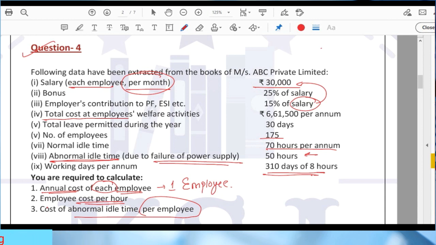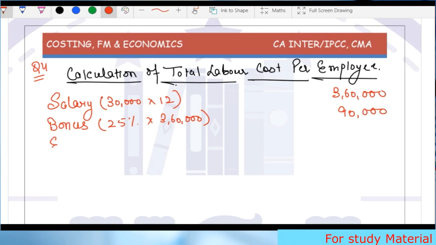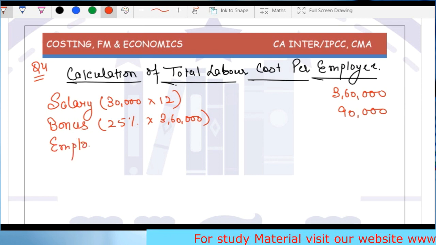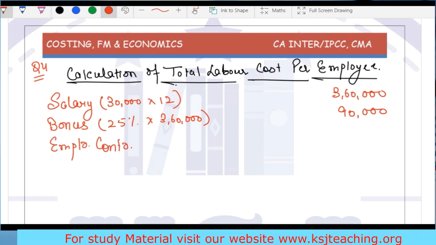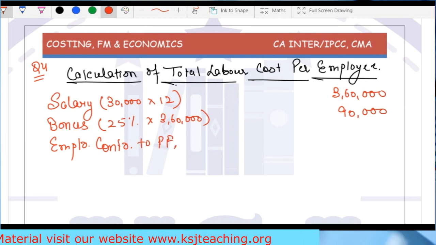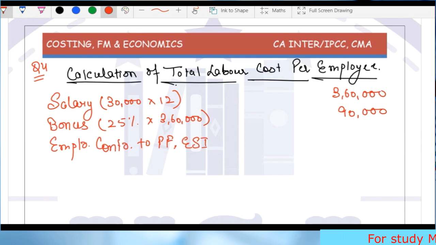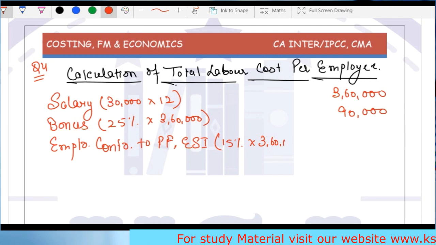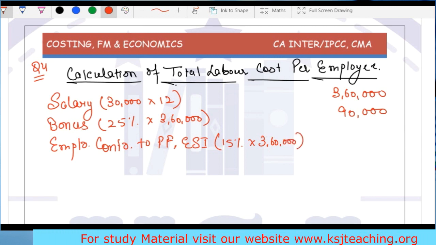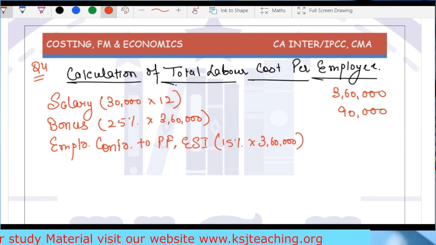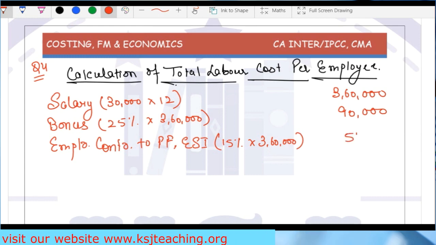Then employer's contribution to PF and ESI is 15% of 3,60,000. So this comes to 54,000.